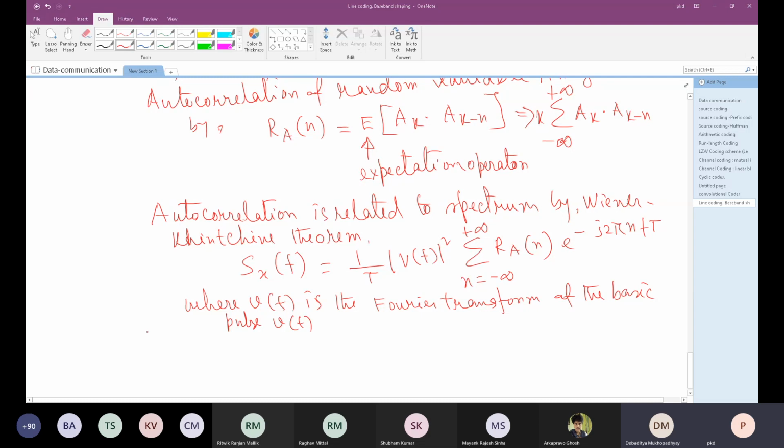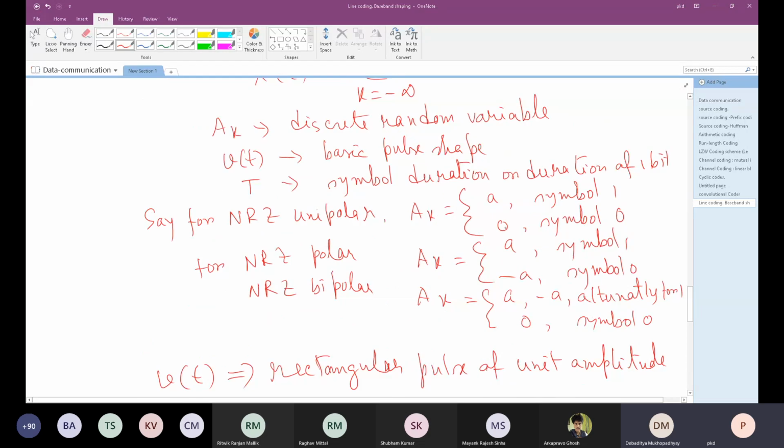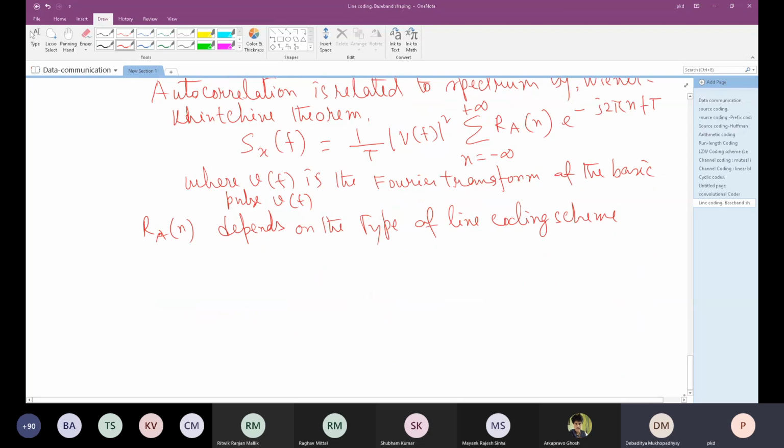R_A(n) depends on the type of line coding schemes, because as we have defined the AK symbol occurrences are of different types, so R_A(n) will depend on the line coding scheme.